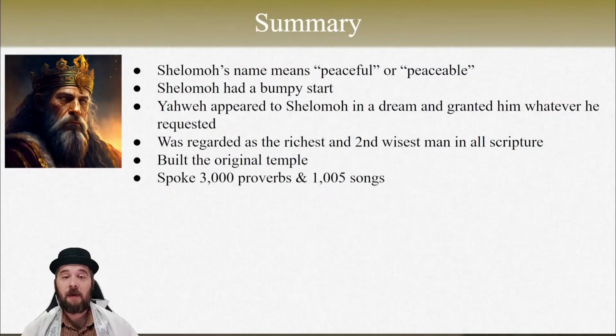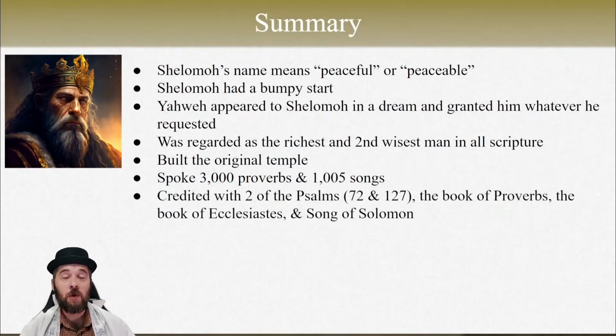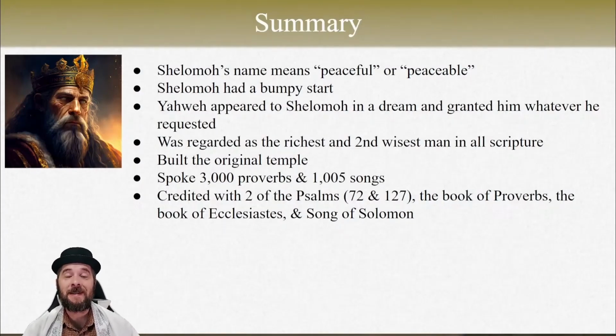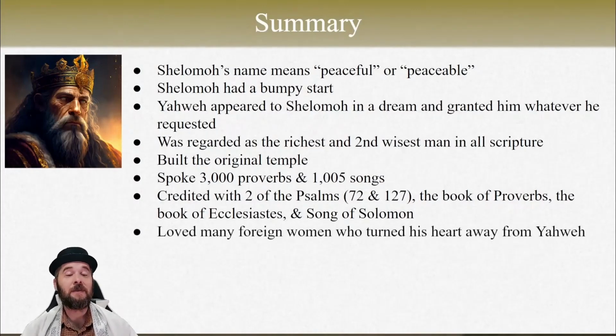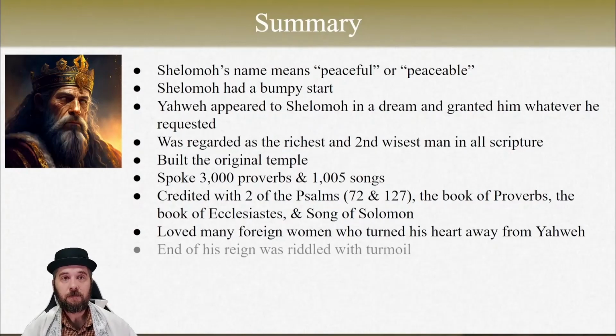Shlomo is recorded as having spoken 3,000 proverbs, 1,005 songs. He's credited with 2 of the Psalms, Psalm 72 and Psalm 127, the book of Proverbs, the book of Ecclesiastes, and of course, the Song of Solomon. He loved many foreign women who eventually turned his heart away from Yahweh towards other false gods.